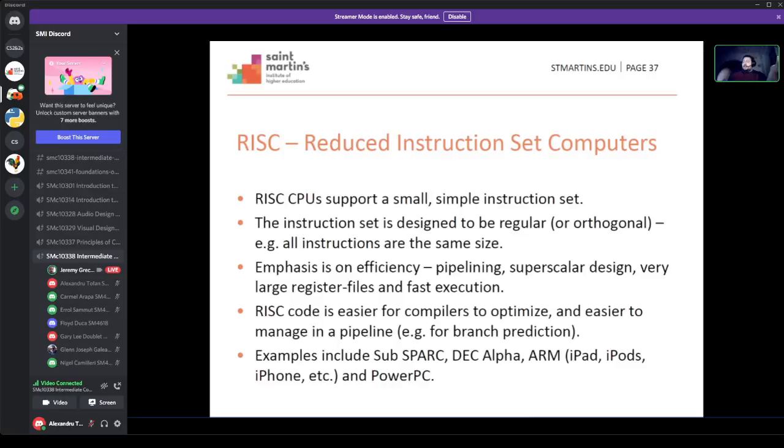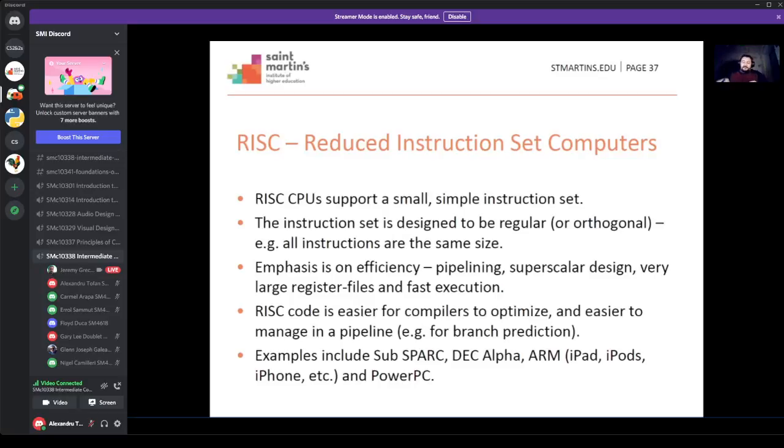On the other hand, the reduced instruction set computer can handle very simple instructions very, very quickly and efficiently. However, when it comes to complex instructions, you end up bloating the amount of work that you would need to do in that case.